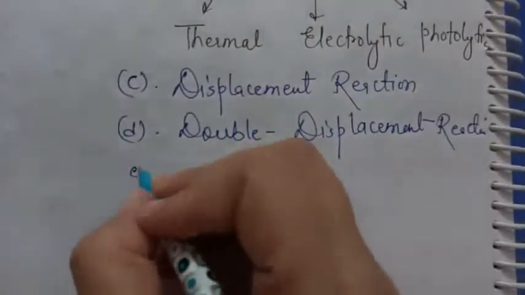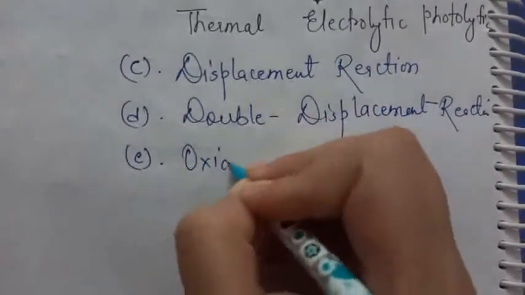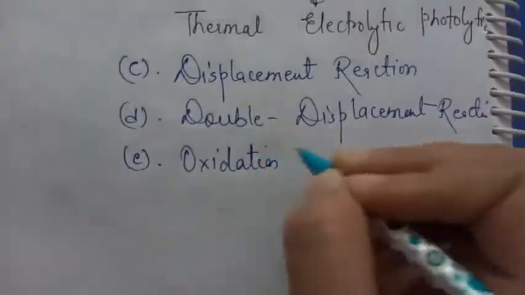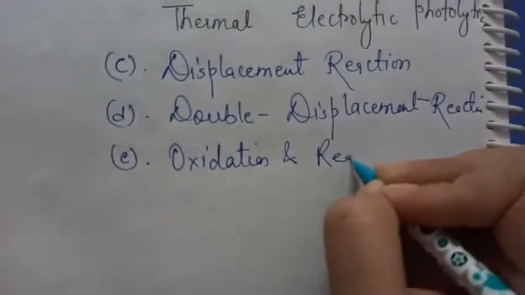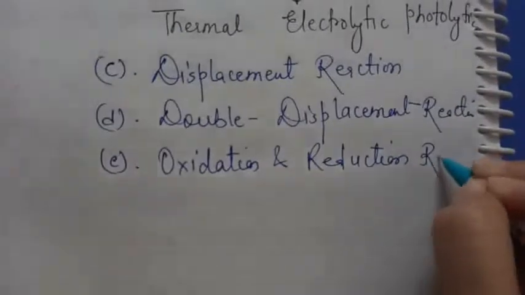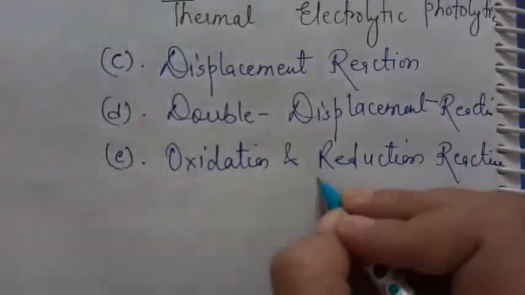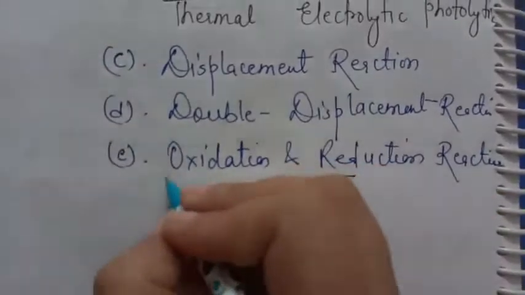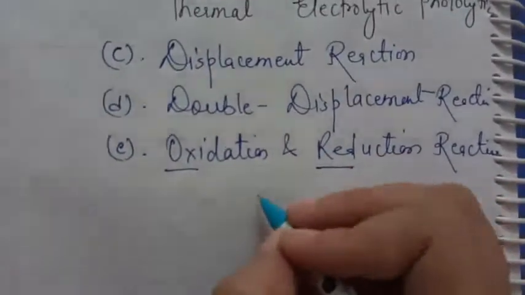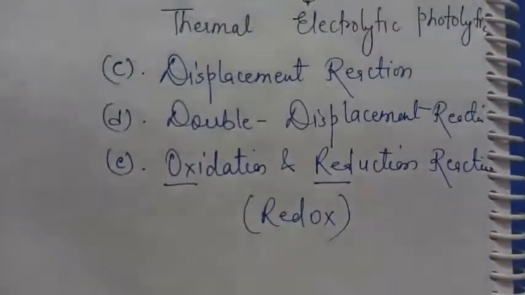And then the last type of reaction is called as oxidation and reduction reaction. So if you combine the word red from reduction and ox from oxidation, then these reactions are also called as redox reactions. Fine.